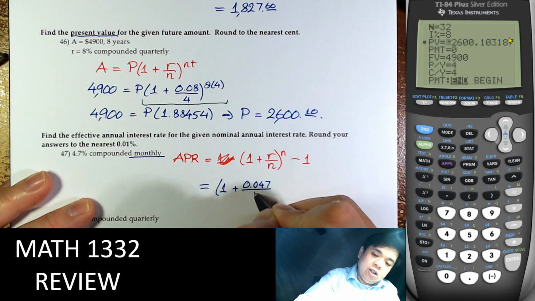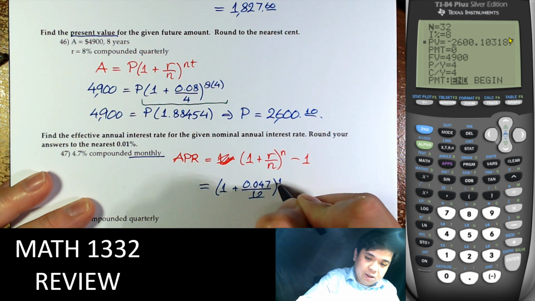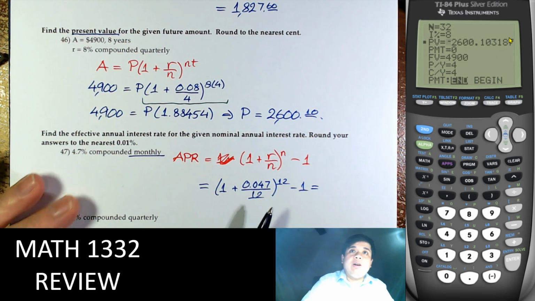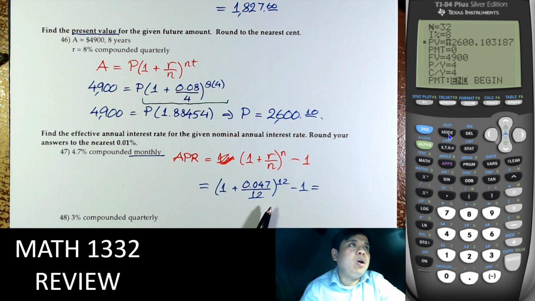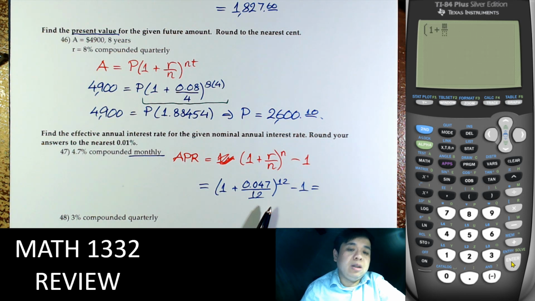Monthly, 12 times a year. So we just do that. Second mode. Too quick. 1 plus 0.047 divided by 12, to the power of 12, minus 1.